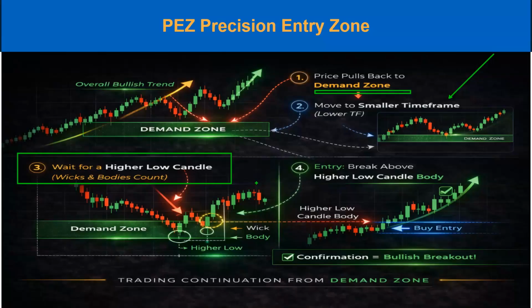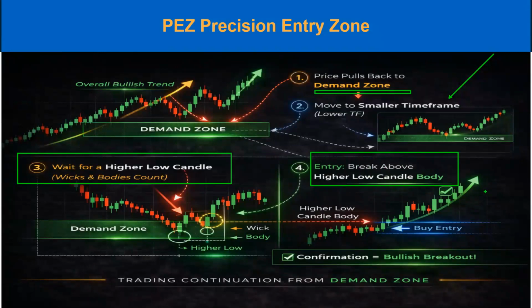Once I get that higher low inside of that demand zone, the fourth and final process is my entry. And my entry comes on a break above the higher low candle body. Not a candle closing above there, the break above the higher low candle body.